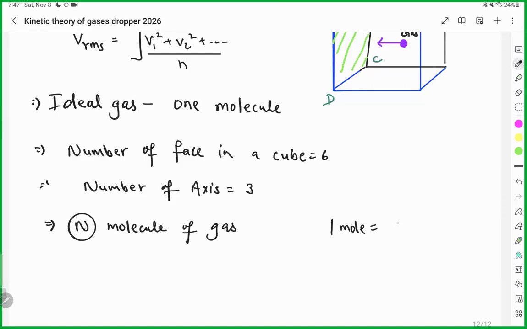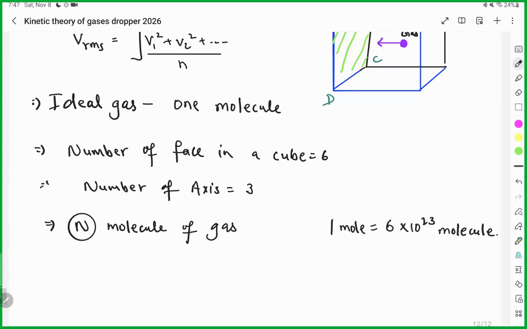Exact number. पता नहीं Sania. Okay, no issue. One mole has 6.023 × 10²³. For all the calculation in chemistry and physics, use only 6 × 10²³. That is more than enough.